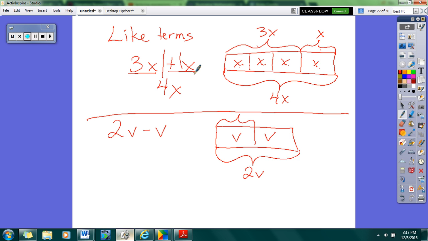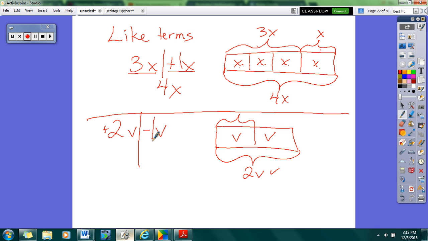In my second problem of 2v minus v, okay, my whole amount is worth 2v. I know each one's worth v, but I want to know what I have left. When I draw the line in front of each of the operations, I see that I have a positive 2v and a negative 1v.